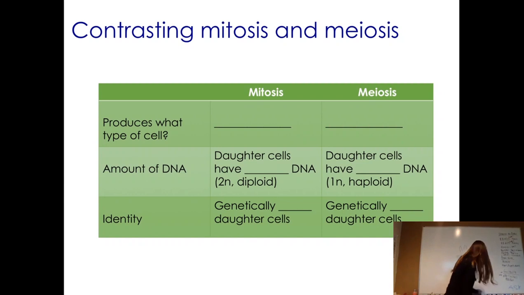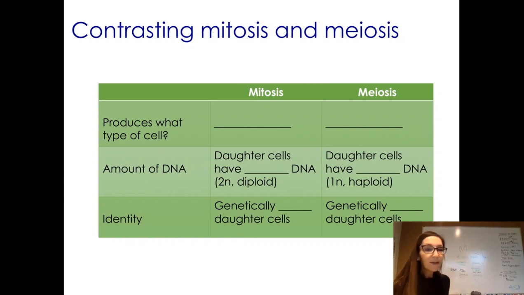So this is looking at DNA content: the same amount versus half the amount. And this is basically going 2N to 2N, 2N to 1N, the haploid amount.